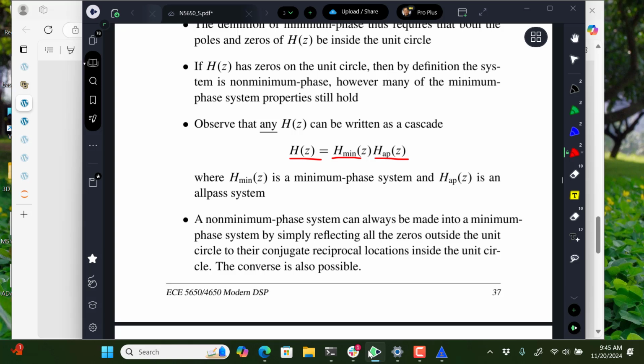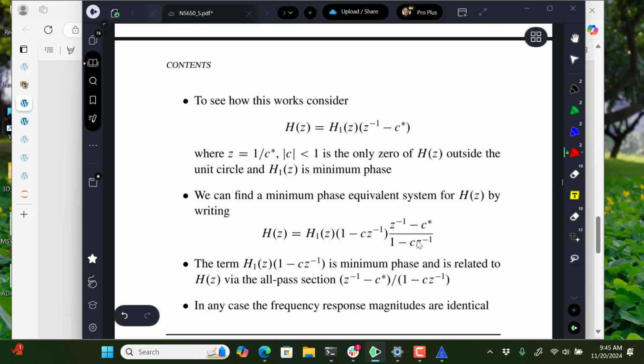So very simply, though, a non-minimum phase system can always be made into a minimum phase system, and all you have to do is reflect all the zeros that are outside the unit circle to their conjugate reciprocal locations inside the unit circle. And the converse is also possible.